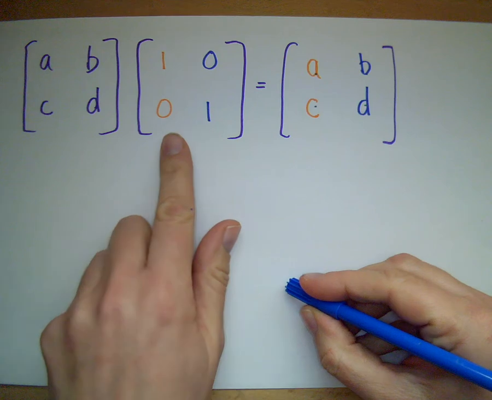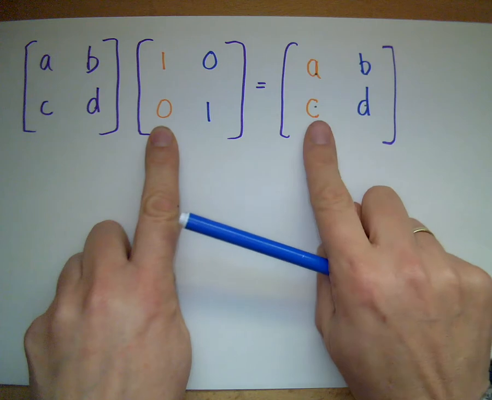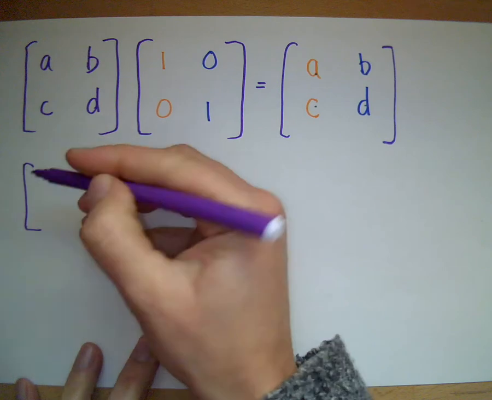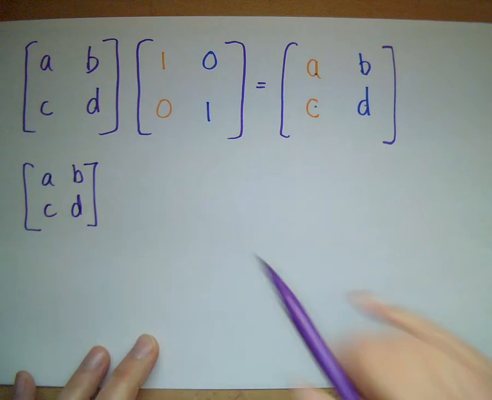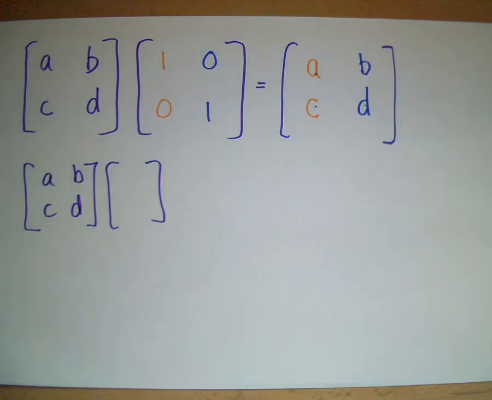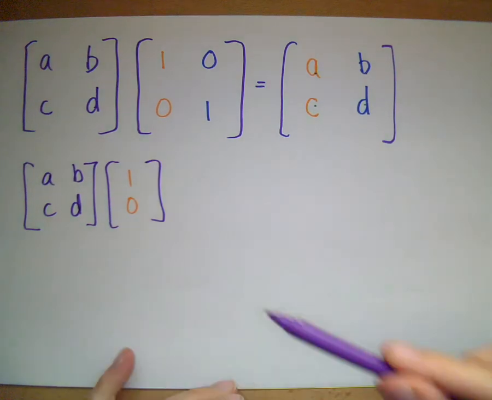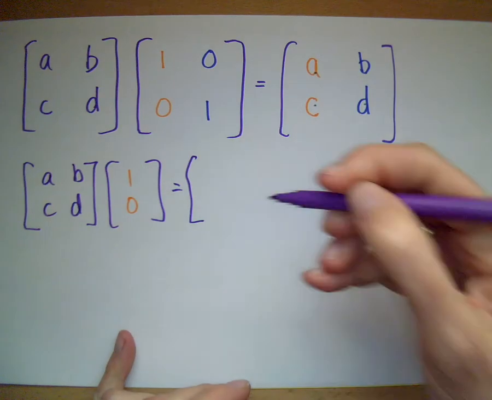Yes, because I just pointed out that this is a result of the first column only, we could say that if we had our original A, B, C, D matrix and we multiplied by only this first column, 1, 0, our result would be only this column, right?